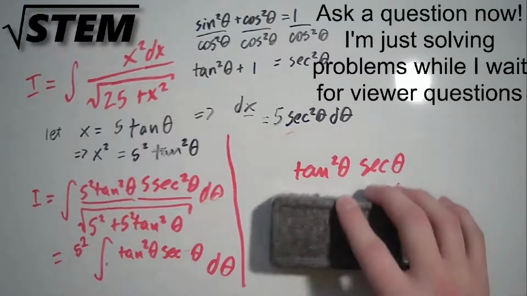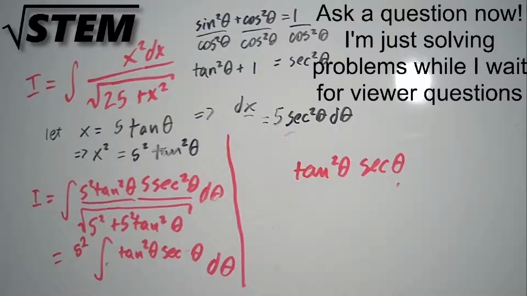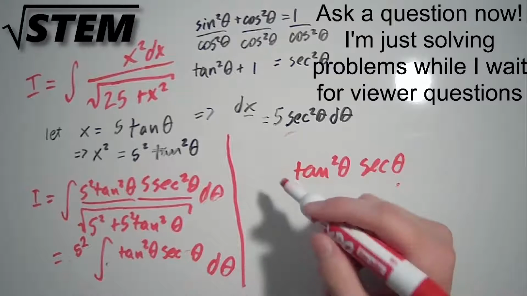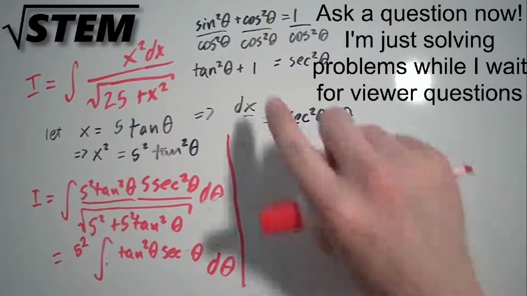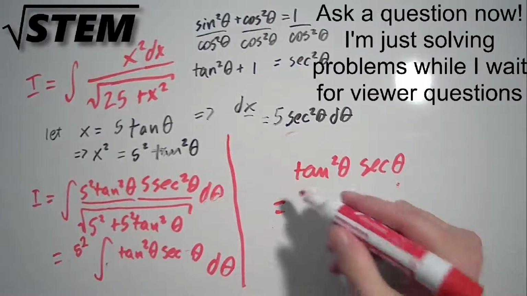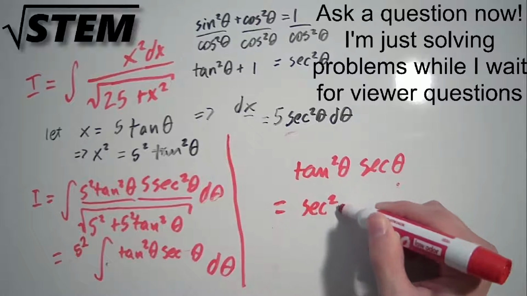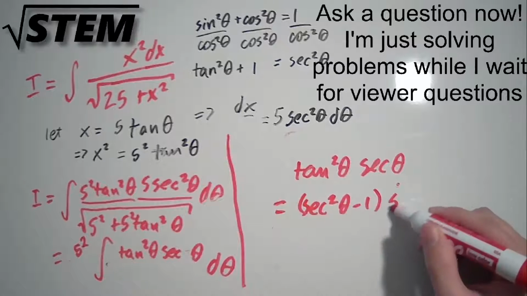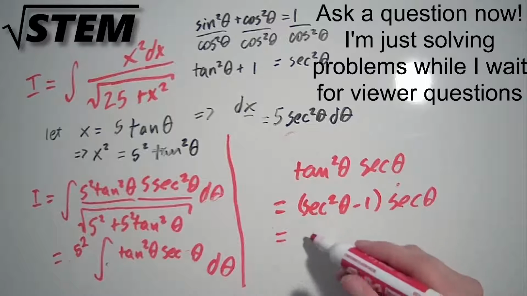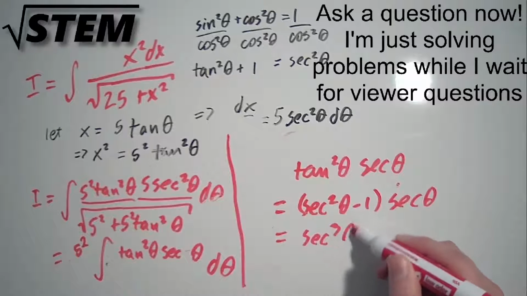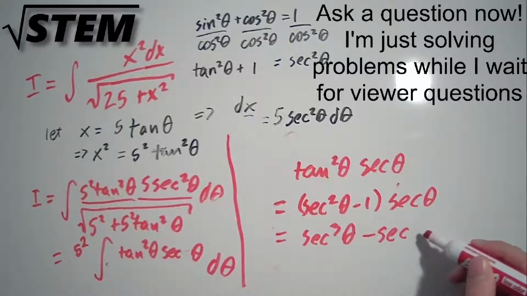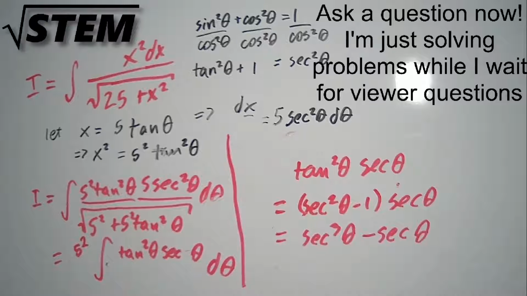What if we say tangent squared is nothing but secant squared minus 1 times secant, or secant cubed minus secant. I think we can integrate the secant part by itself for sure.